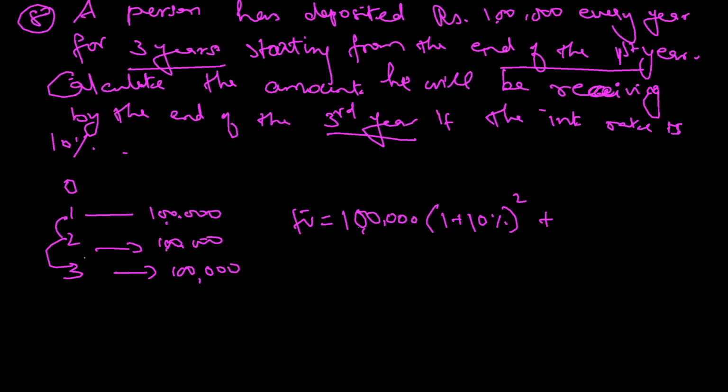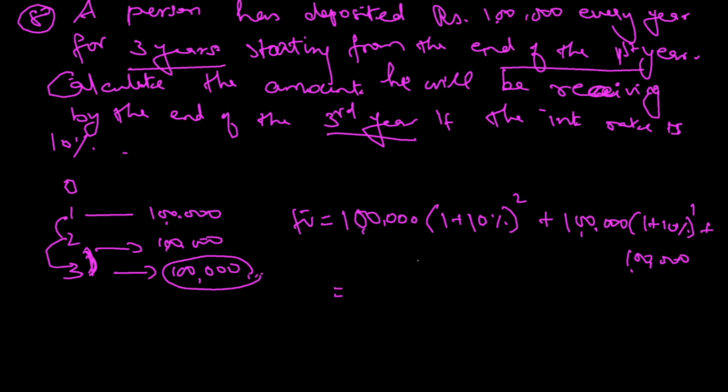Then for the second one it is for only 1 period growing at 10%. And the third one is directly the present value, 1 lakh only, so it is not growing. Overall the total comes to 331,300.